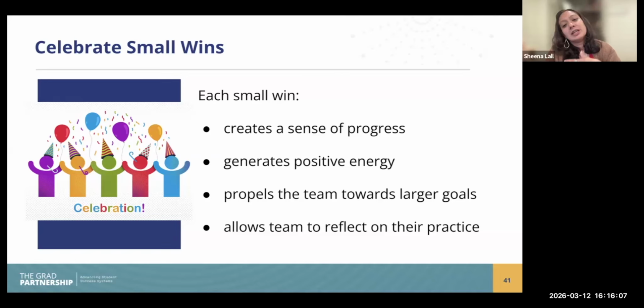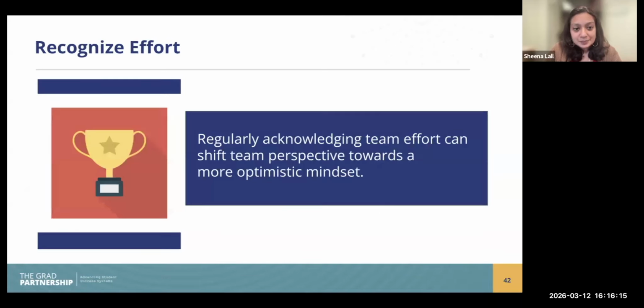And so we want to really allow our team times to reflect on their performance and the ways that they are making a difference in the school. And then we want to recognize the efforts, because some things may or may not work, but being able to recognize effort is a way to effectively shift mindsets.